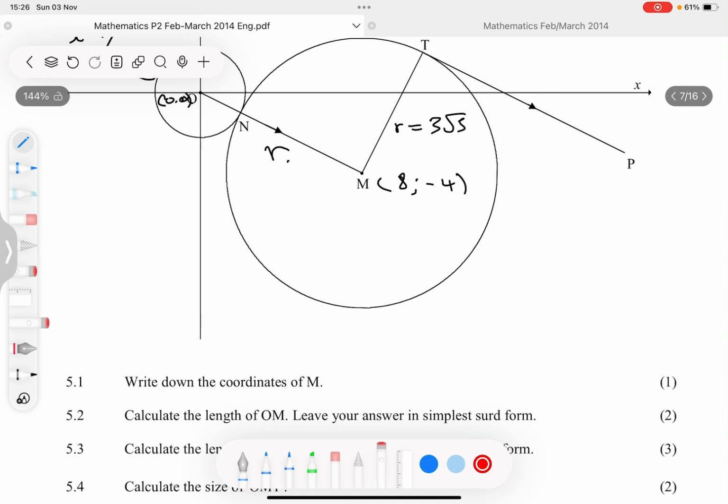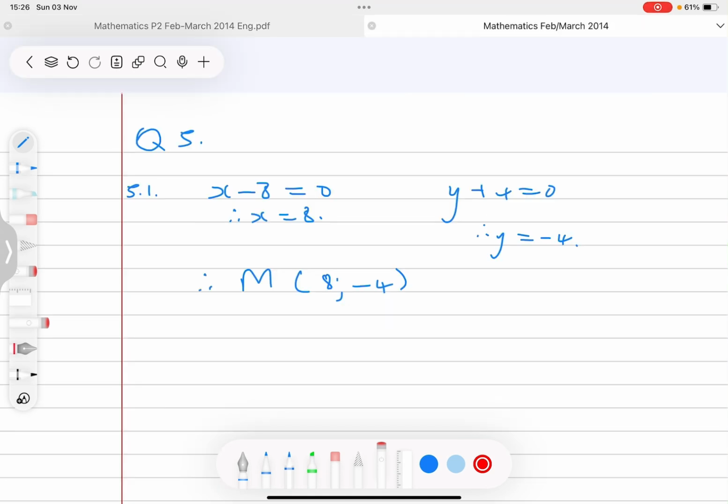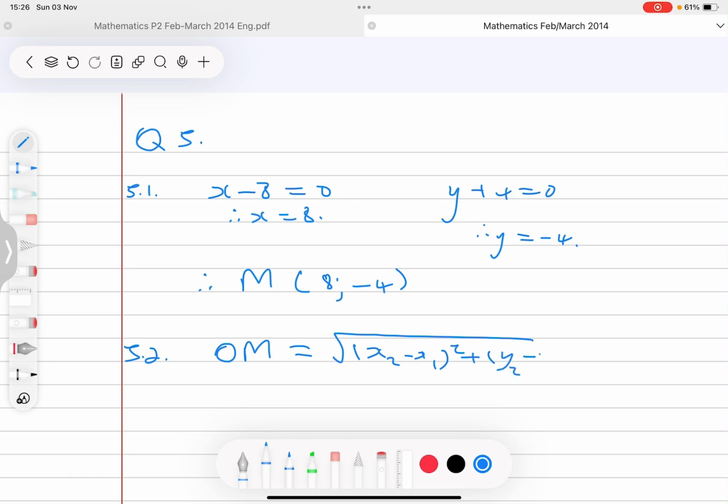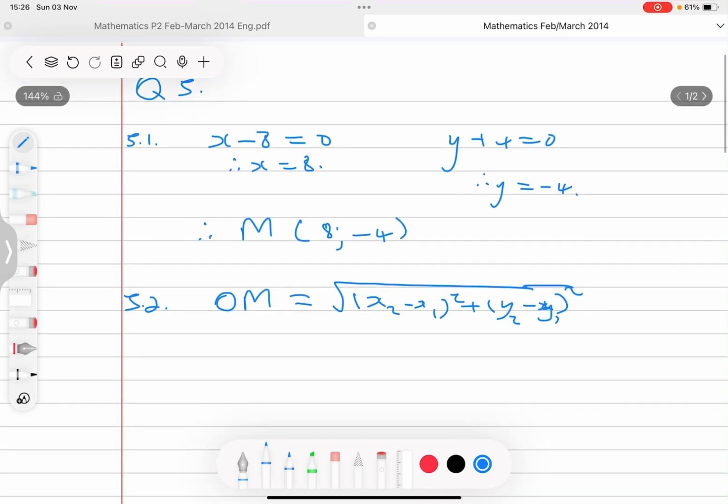And our question says leave your answer in simplest surd form. Already they're giving you a clue that you will use a square root along the way. So if the distance formula should be used, we will say the distance OM is given by the root of (x2 minus x1) all squared plus (y2 minus y1) all squared.